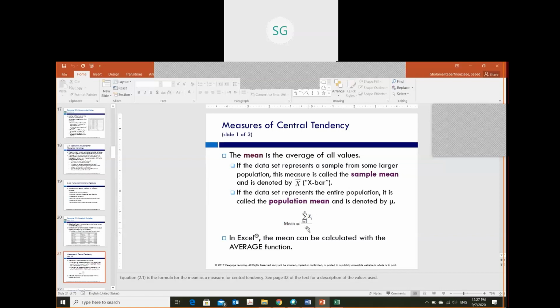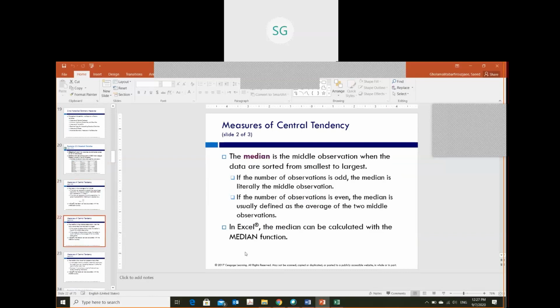This is called mean. If we apply it to a sample of data, it will be called sample mean, and we use X bar to represent it. And for population, we use this symbol, mu, which is a Greek symbol. And in Excel, we use the average function.